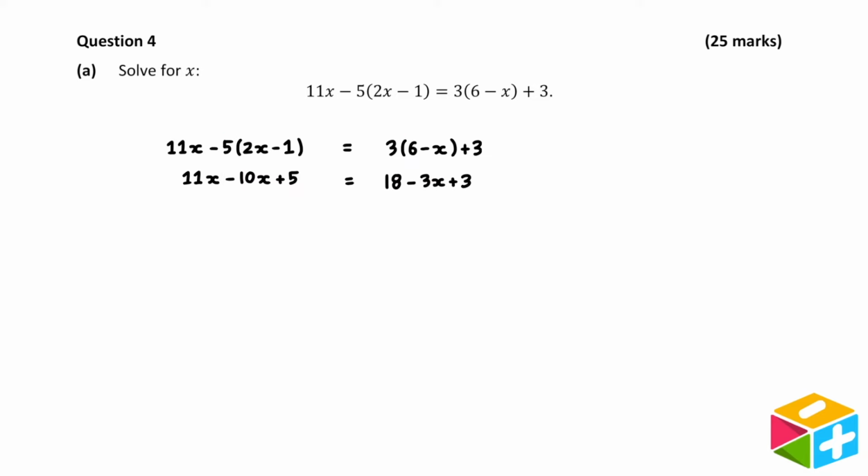From here, we can do some simplification by combining x terms and combining number terms. 11x minus 10x is 1x, and 18 plus 3 is 21.